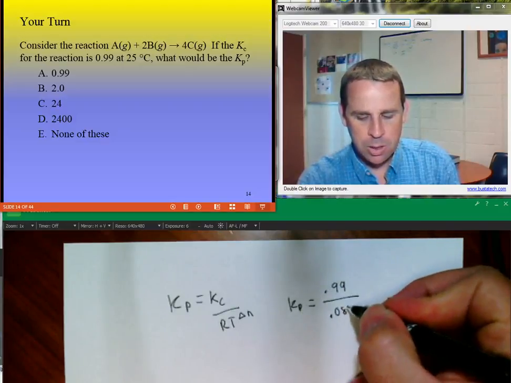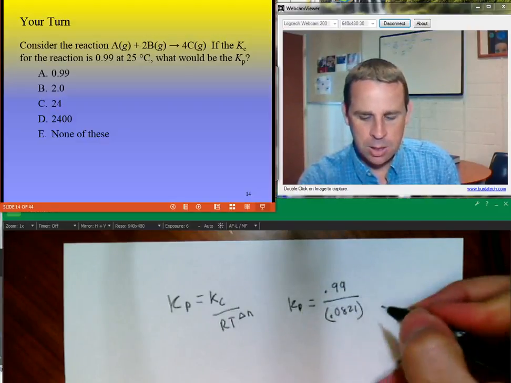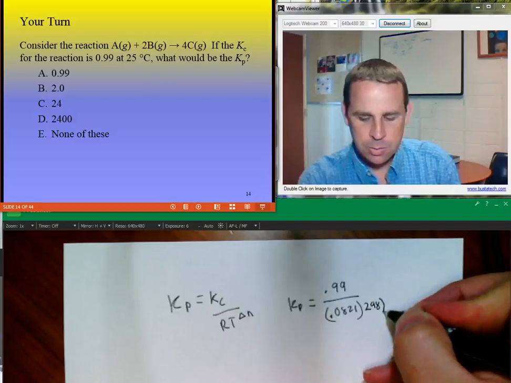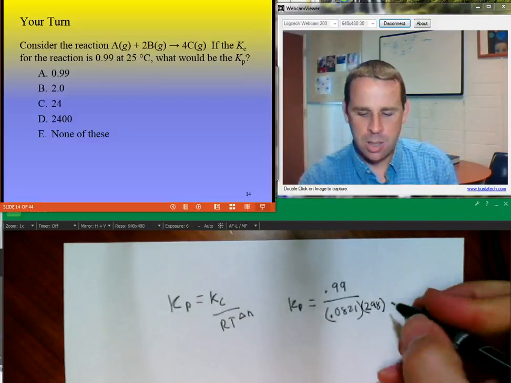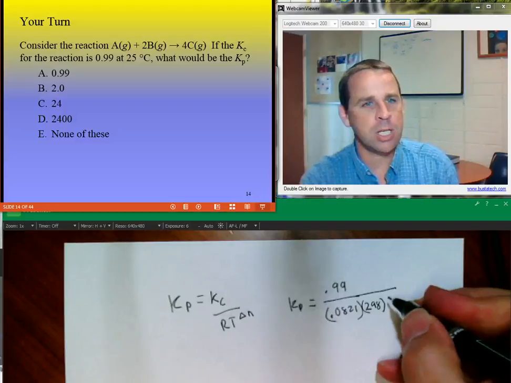Divided by 0.0821, we have 298 Kelvin again, 25 degrees Celsius, and this has to be raised to the change in N. So in this scenario here, we have 4 moles of gas in the products, and again, change in N equals N in the products minus N in the reactants. Another way of remembering this is N final, moles of gas final minus N initial.